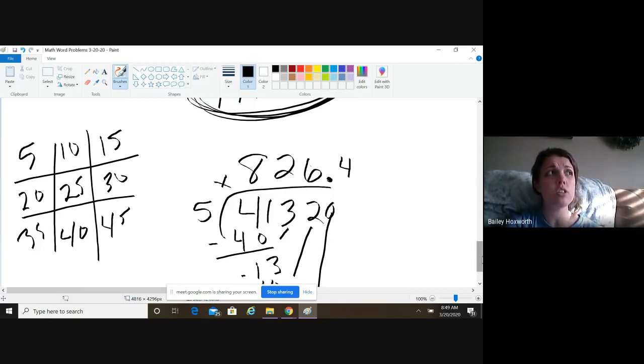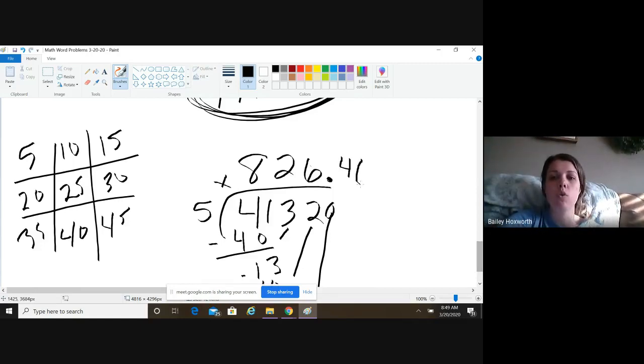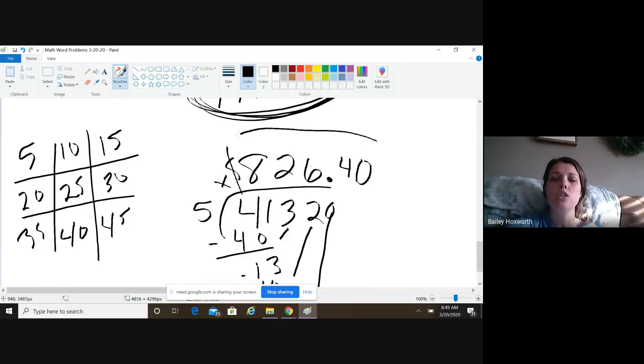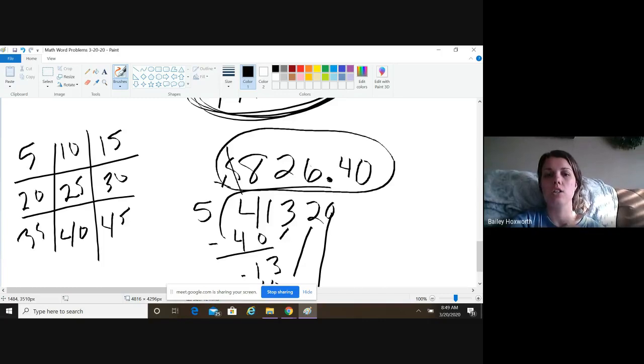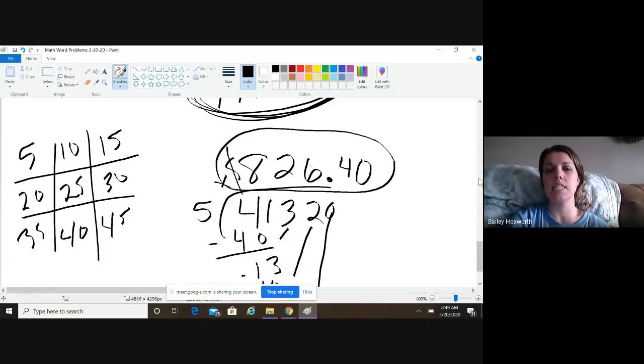Because I would be cheating Crystal out if I only gave her 4 cents. I have 826 and 4 tenths, or 40 cents. So each family member is getting $826.40.